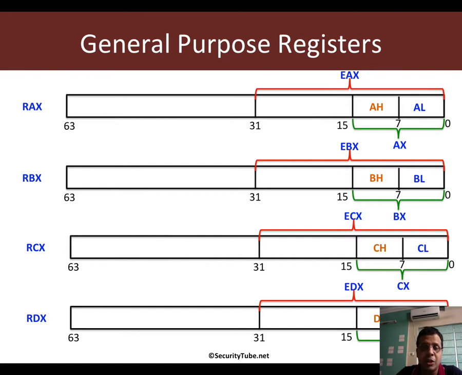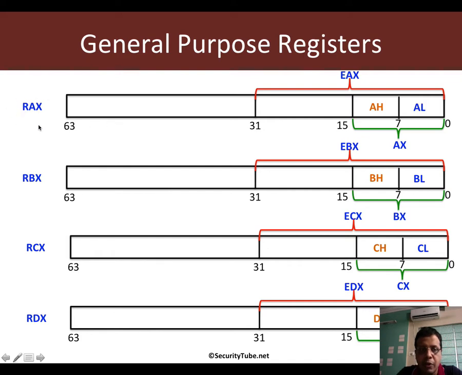So there are a total of 16 general purpose registers. The first 4 of them are RAX, RBX, RCX, and RDX. And if you've already looked at 32-bit assembly, RAX is nothing but EAX extended further by another 32 bits.